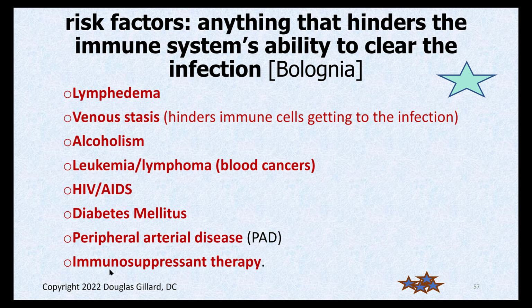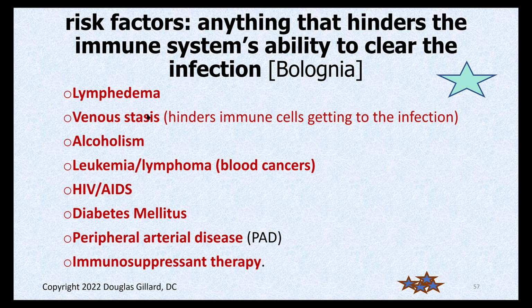What are the risk factors? Immunocompromised people, or if you're on immunosuppressant therapy, you're at high risk because the immune system can't knock out these bugs like it's supposed to. If you have a bunch of swelling in your foot, we talked about that, from lymphedema, from venous stasis, from whatever the cause.